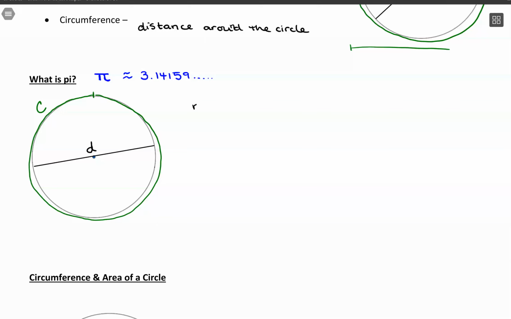And if you take the ratio of your circumference divided by diameter, when I do this with students in class, it's always a little bit off, but the closer you get to precise measurements, it should come out to be exactly 3.14159, on and on and on.